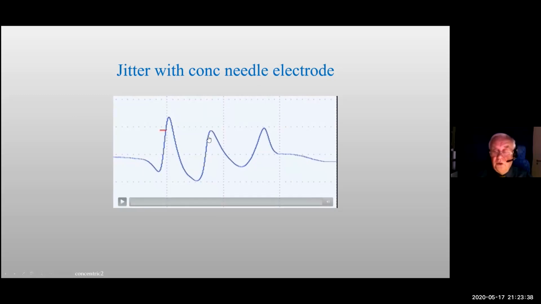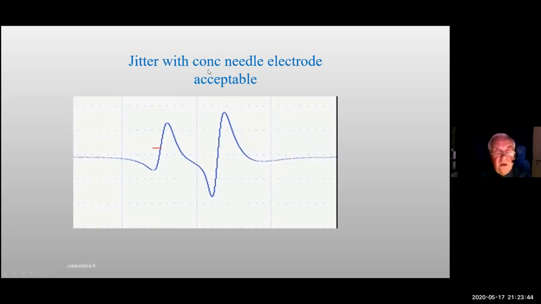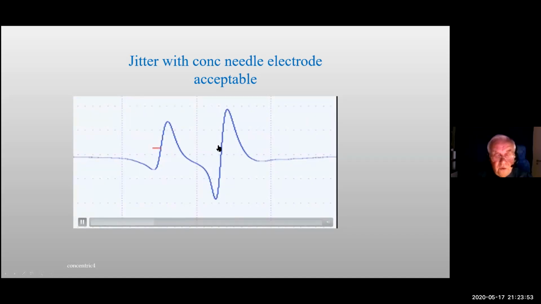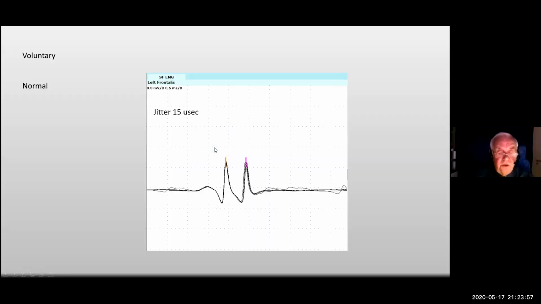And they did not show notches or anything. Here we have another nice, acceptable concentric needle electrode recording. First we trigger here, and the second one, and you see how it varies back and forth, and no notches or anything. So that was the live recording of this.